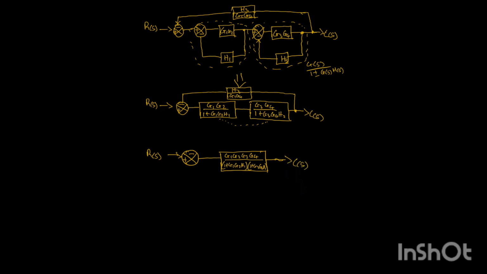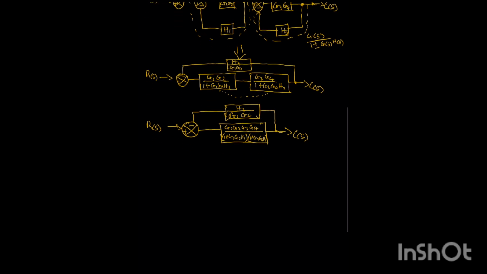So now we are connecting this back. So we have H3 all over G1, G4. So we are bringing it down to this place. So as you can see now, it's only one loop that we are having. So to resolve this, we'll now write C of X by using this same formula, because it is a negative feedback. So this is connected to here, and this minus is a negative feedback.